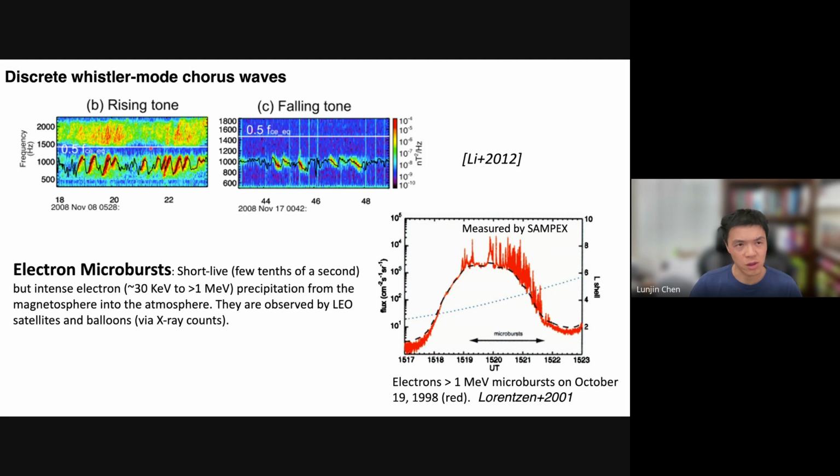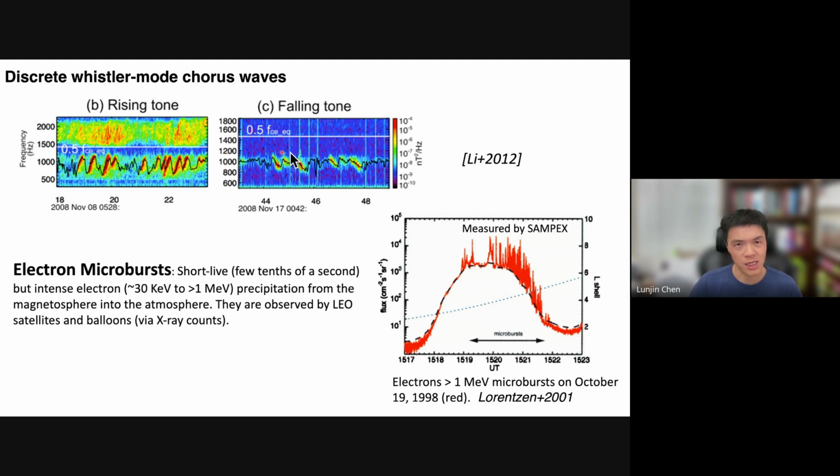Below the half electron gyrofrequency, you see those whistler waves, but they are not like a broadband emission. They come as a narrowband emission with rising frequency. So we call those rising tone elements, and we call this chorus waves.